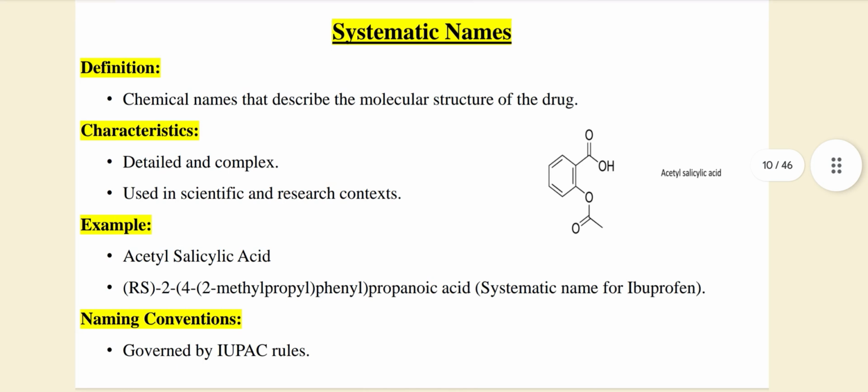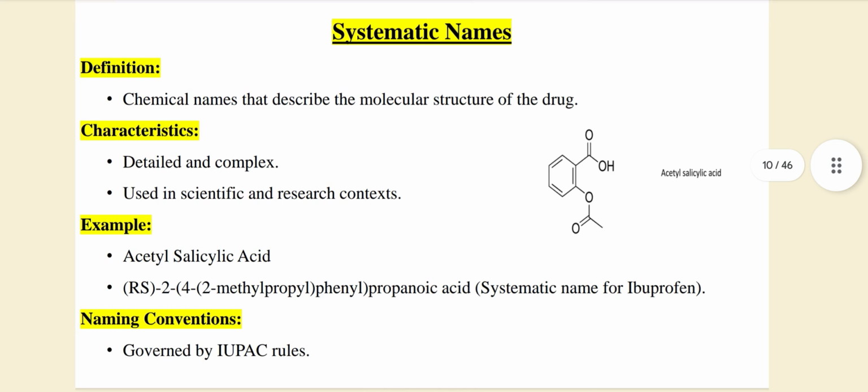On the right side, acetyl salicylic acid has a structural formula with one benzene ring, a C double bond O of the ketone, and OH. It is also called the acetyl salicylic acid formula.